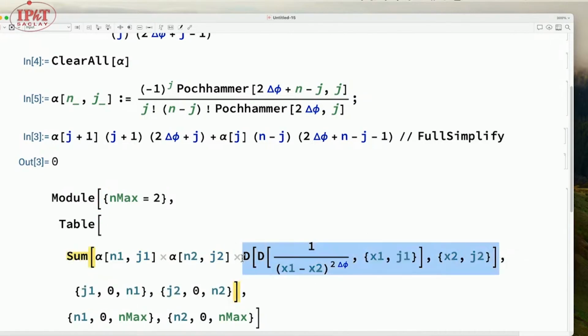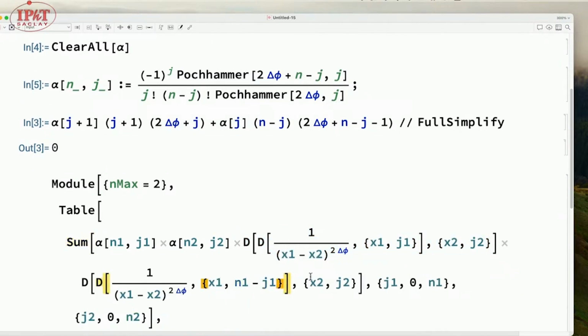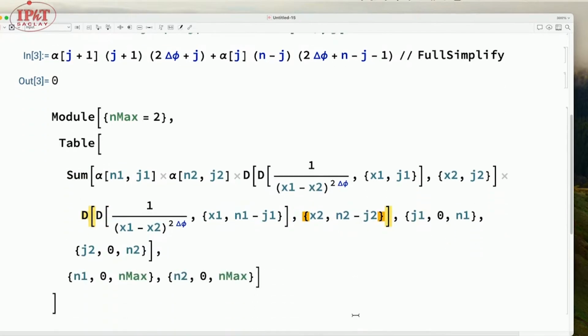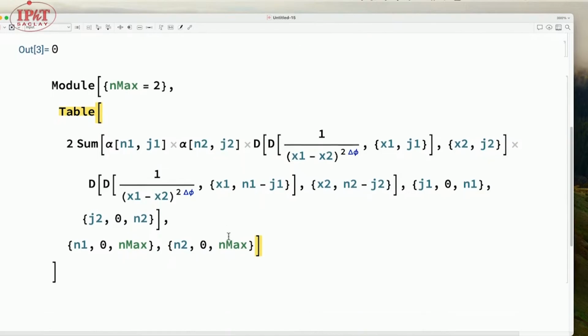So that's from contracting a pair of phi's, but there is still the other pair where we need to differentiate with respect to x1, n1 minus j1 times, and with respect to x2, n2 minus j2 times. Plus, I also have the other contraction, which just gives us an overall factor of 2. So I'm just going to put a factor of 2, but you can check this yourself.